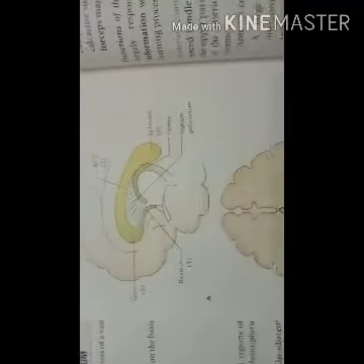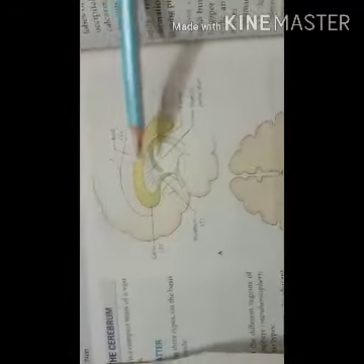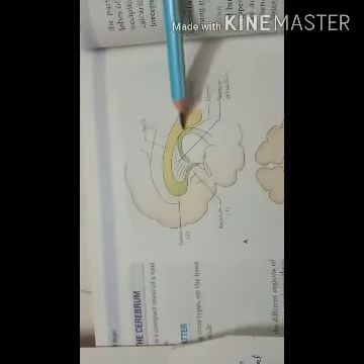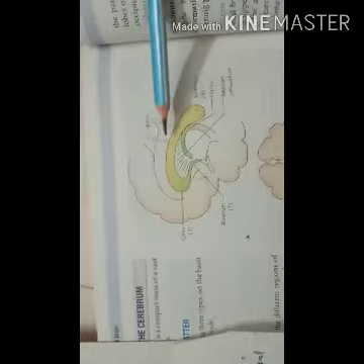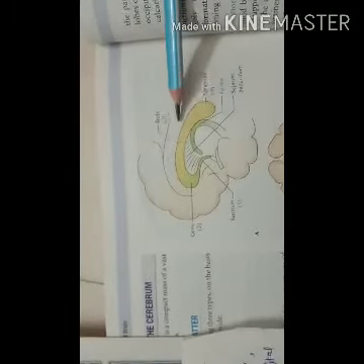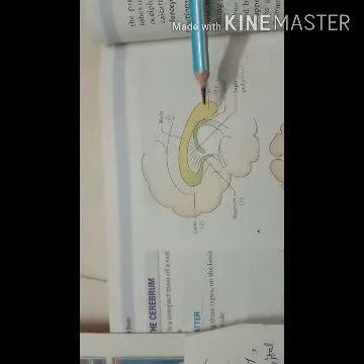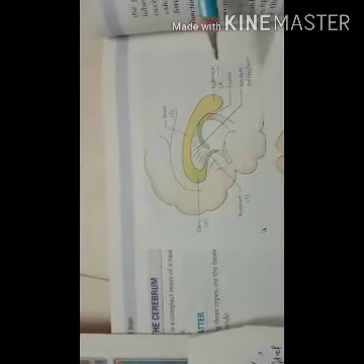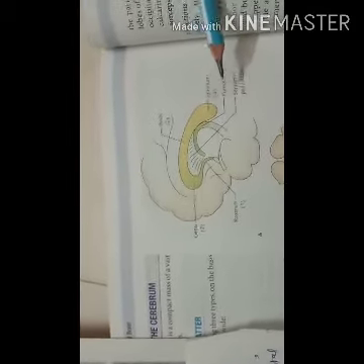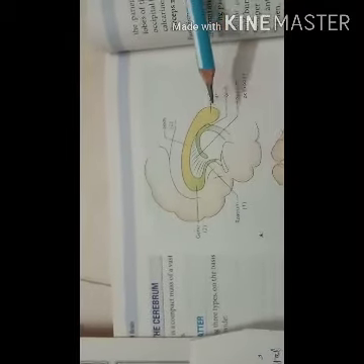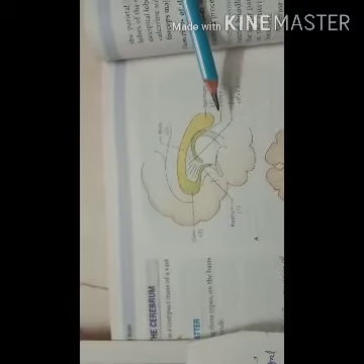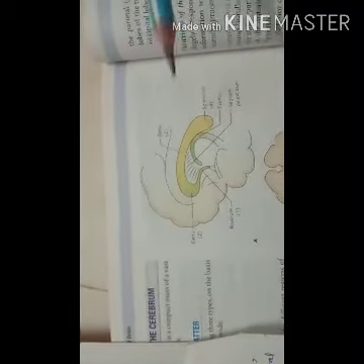Then the splenium, the posterior part. The splenium is the posterior end forming the thickest part of the corpus callosum, and it lies 6 centimeters in front of the occipital pole. Its inferior surface is related with the tela choroidea of the third ventricle, the pulvinar, the pineal body and the tectum of the midbrain.